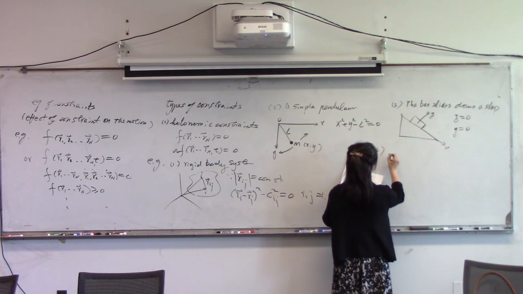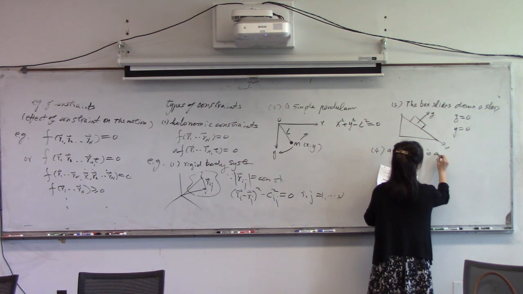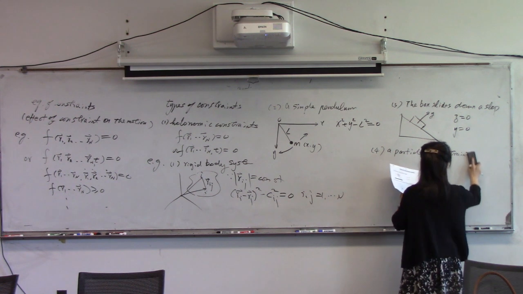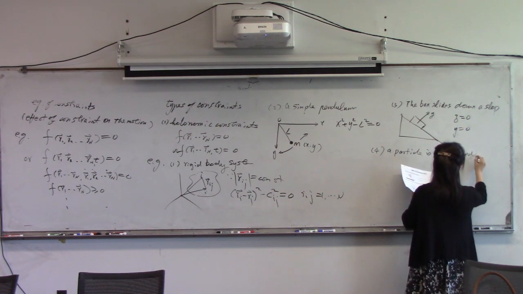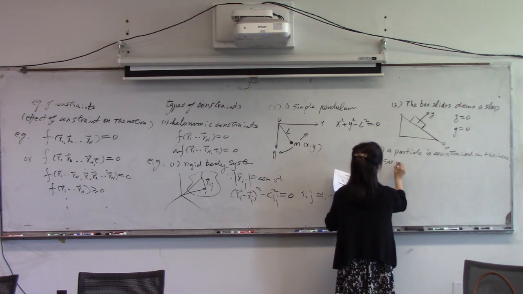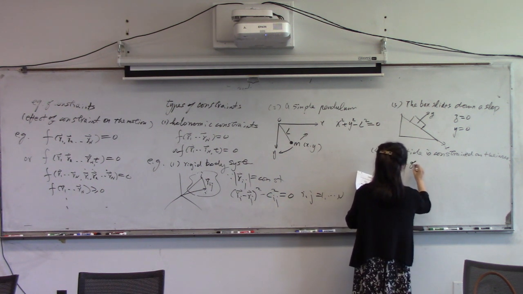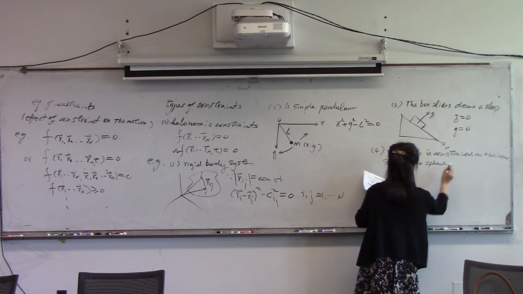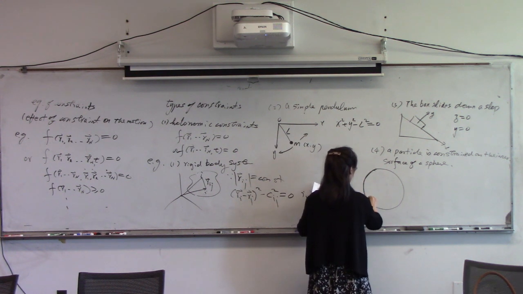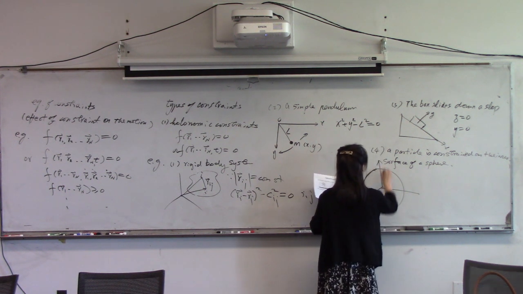Number 4, let's consider a particle constrained on the inner surface of a sphere. Okay, so here we have a sphere. You can set up whatever x, y, z.